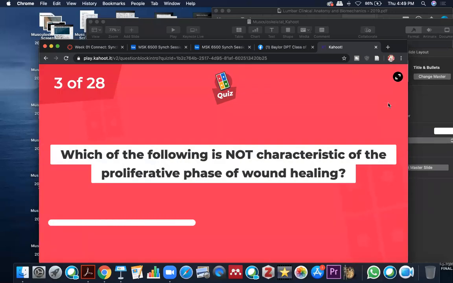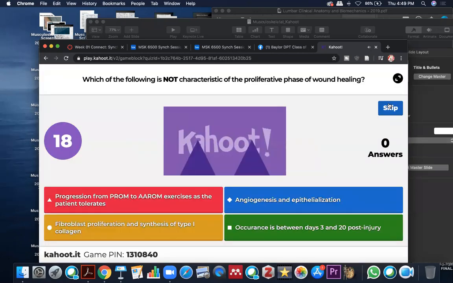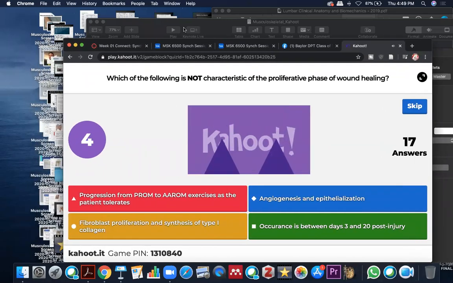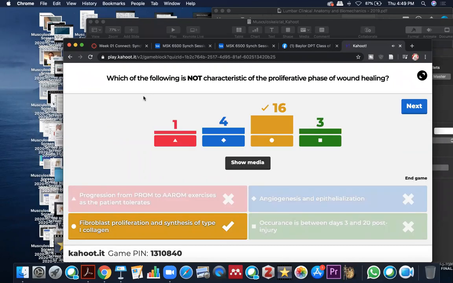Next one, number 3. Which of the following is not characteristic of the proliferative phase of healing? So anyone in the chat, why is this one not characteristic of the proliferative phase, which remember is the second phase?